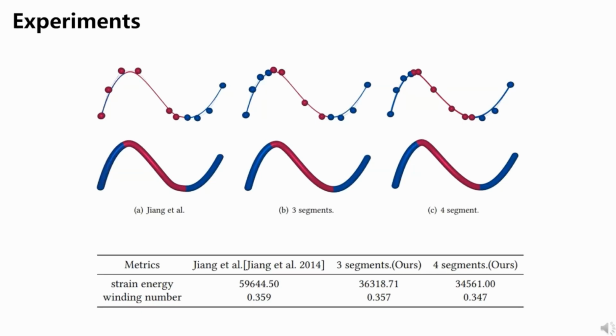We compared the 3 results and find that our method is clearly better in terms of the strain energy and winding number. And moreover, the 4-segment performs better than the 3-segment, proving that our idea of finding a better solution by expanding the solution space is reasonable.